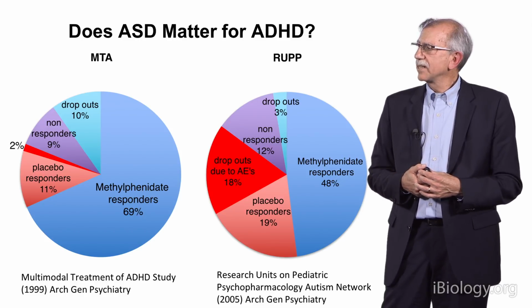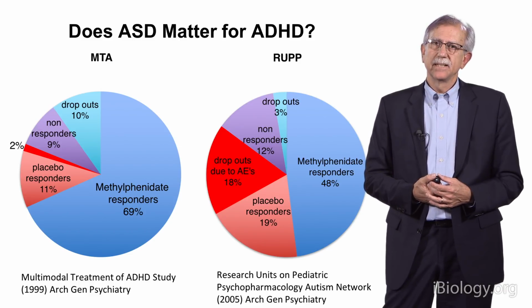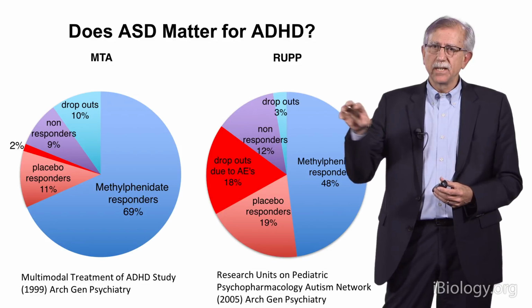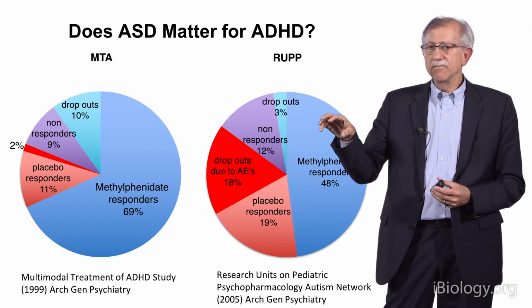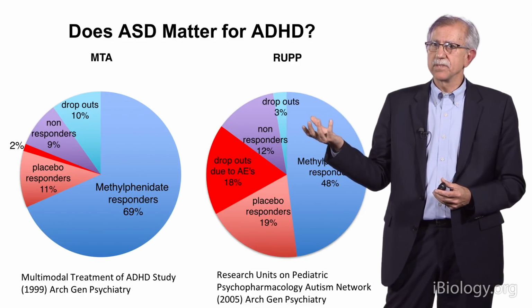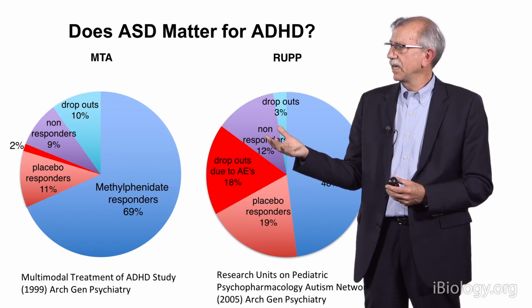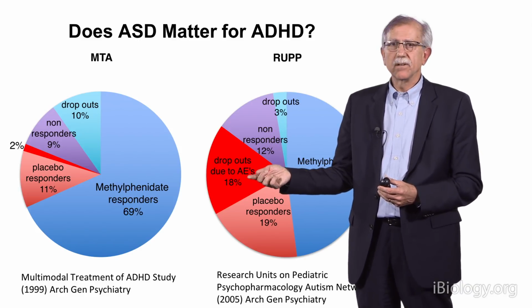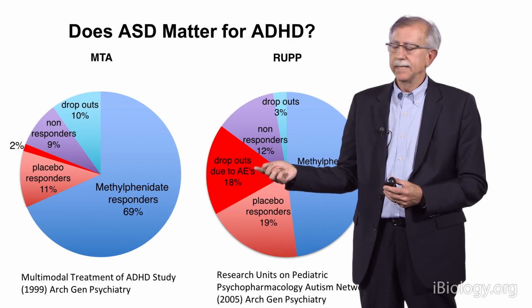So what I think is clearly represented here is that we probably can't just walk straight over from ADHD to ADHD and autism, that there are some very important differences in how these populations respond to the active treatment, particularly in terms of the ability to even tolerate the medicine itself.